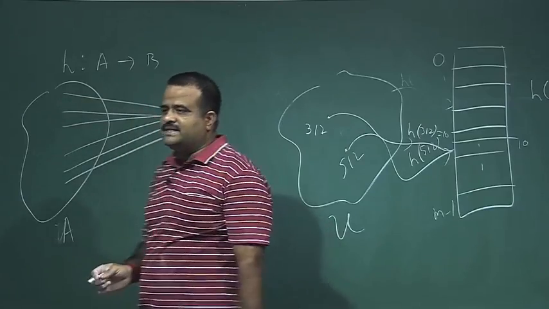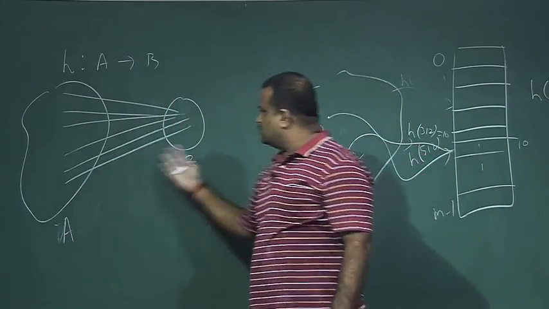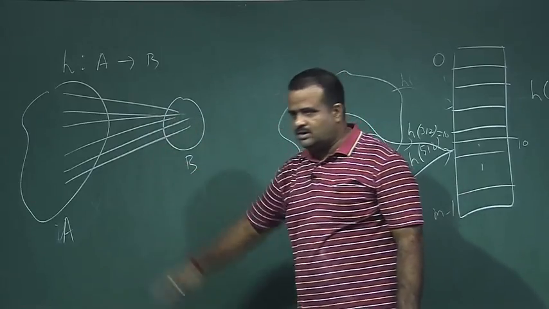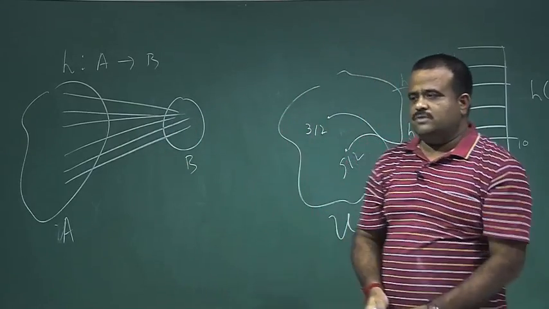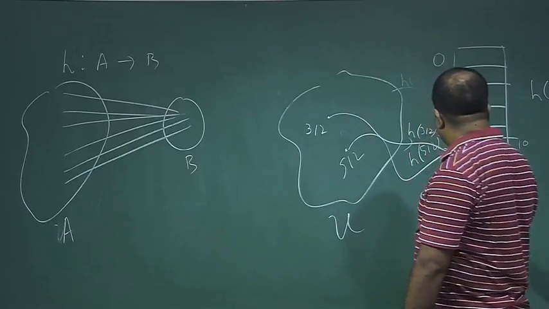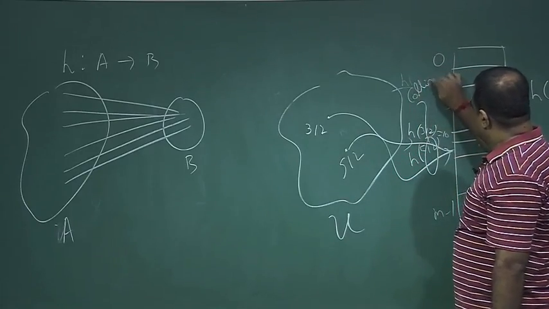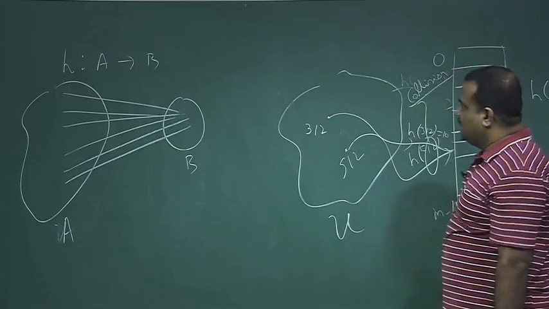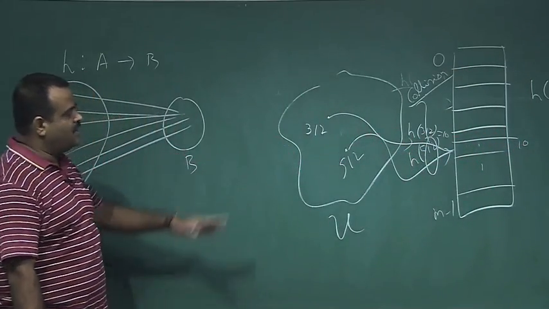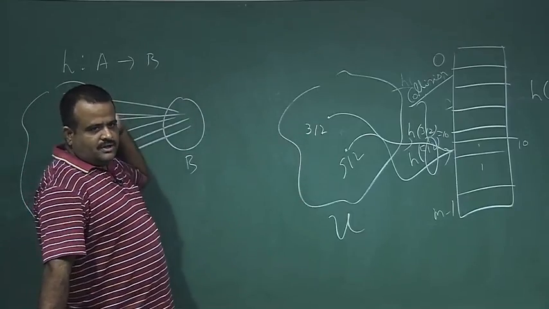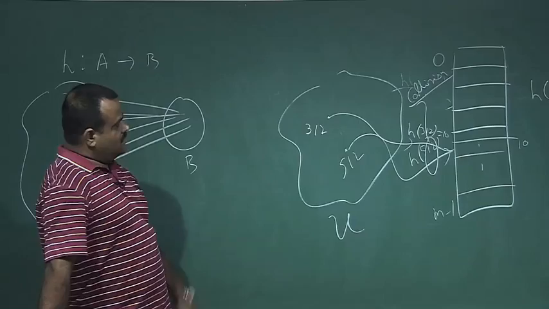because it cannot be a bijective or an injective mapping, as B is a much smaller set than A. So, there have to be many keys mapping to the same slot, and this situation is called collision. We cannot avoid that, because the domain is much bigger than the codomain.